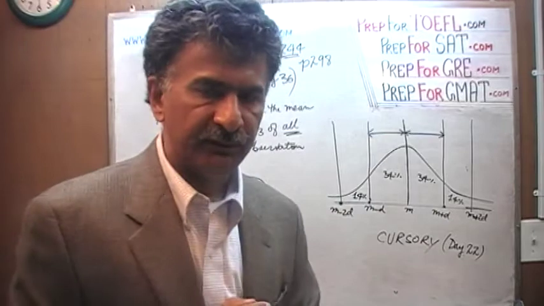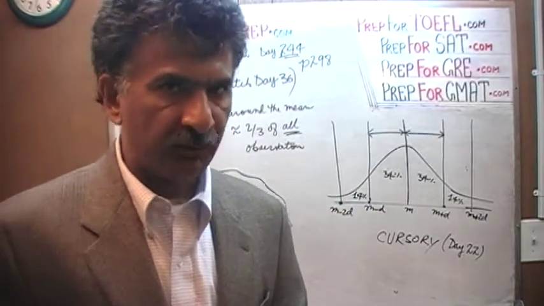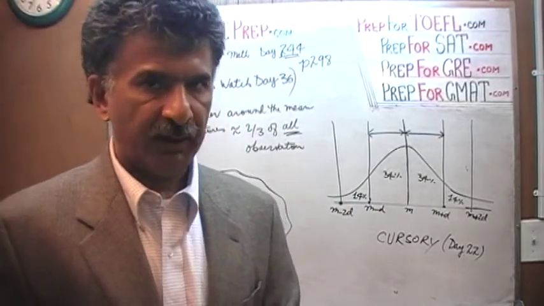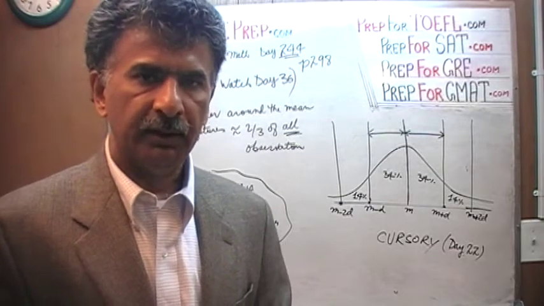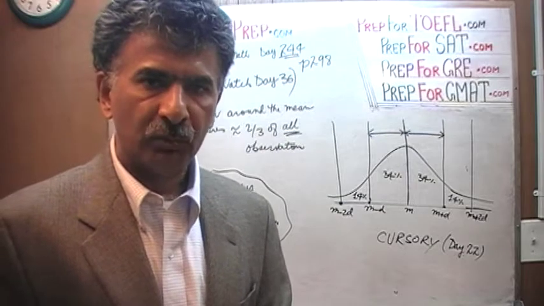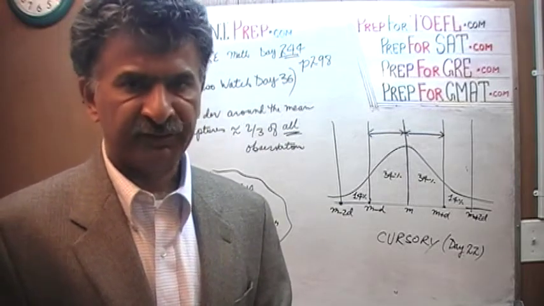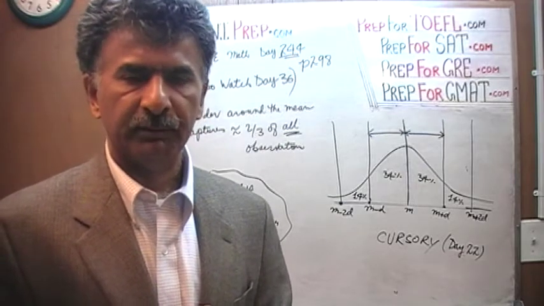If I tell you that this distribution happens to be a normal distribution, which most of them are, this is how nature created the universe. Most phenomena in nature obey this normal distribution, just like height and some other features of human beings.